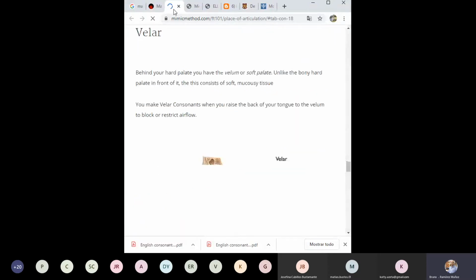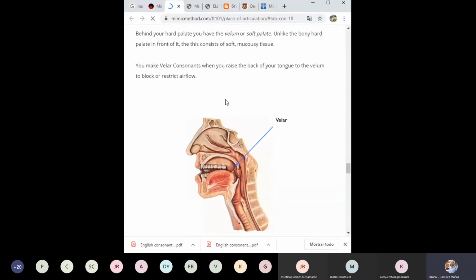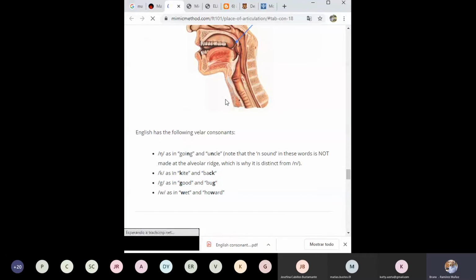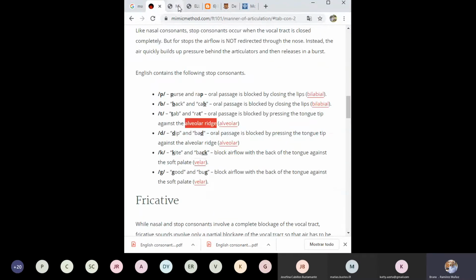For alveolar and velar, remember that in the case of velar, the first sound is labiodental, so we have to produce some sort of voicing, right? V, v, okay. So we need to make a difference between, for example, bet and vet.